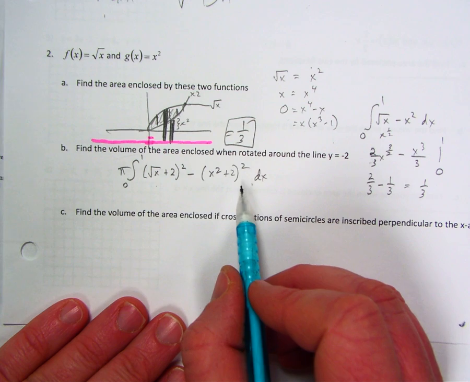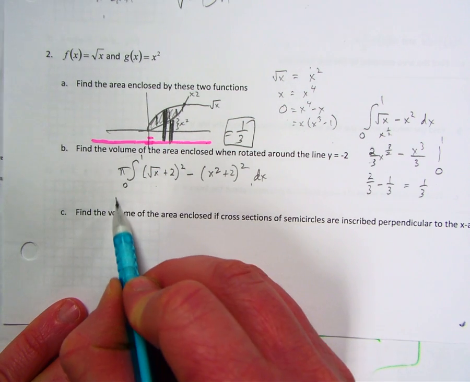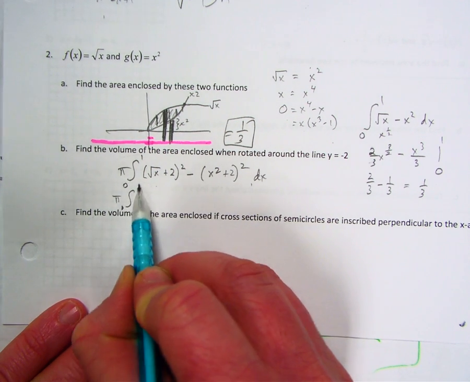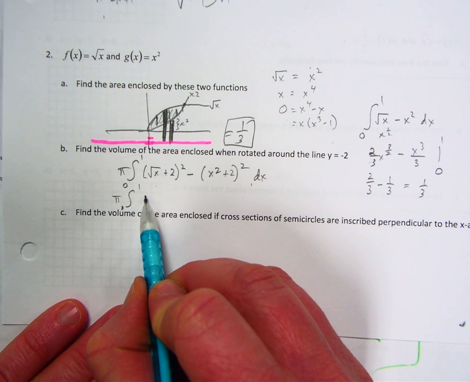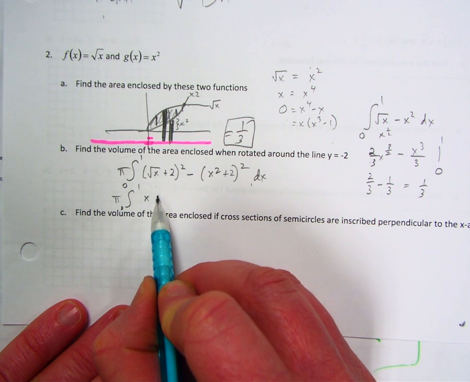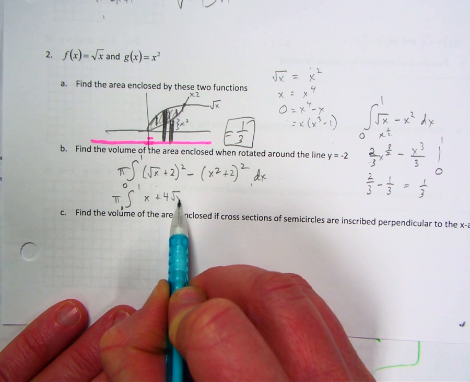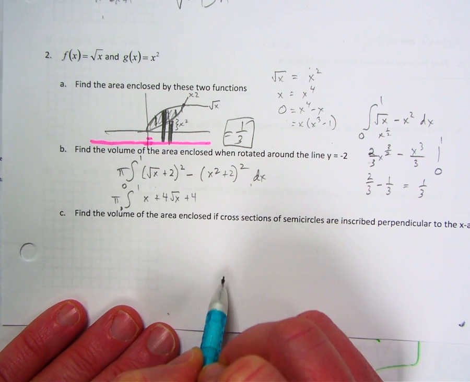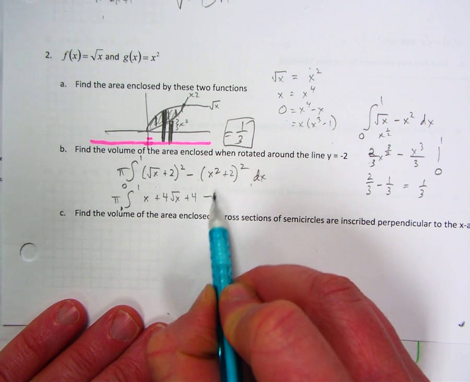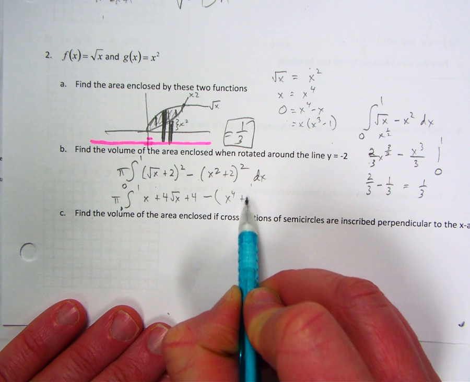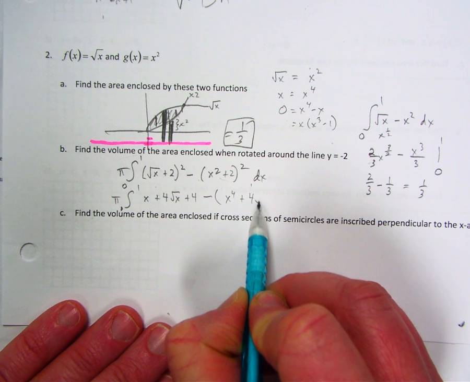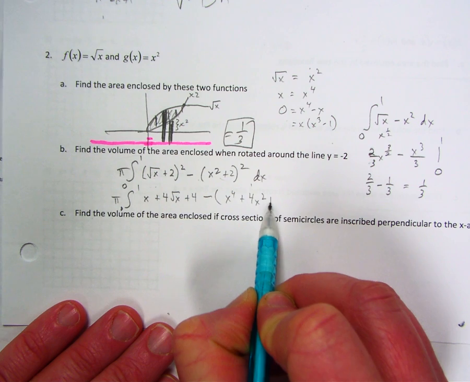If you're going to integrate this, you have to expand first. So expanding, you get x plus 4 radical x plus 4. And then here you have x to the 4th plus 4x squared plus 4.